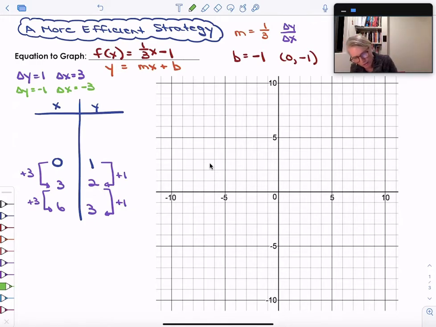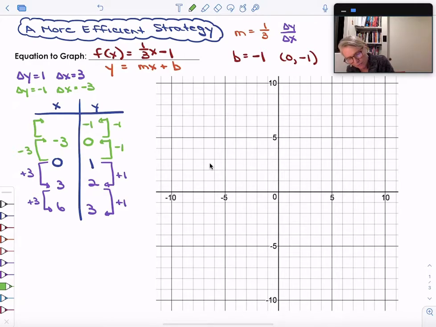Starting with my anchor point again, my change in y is I want to subtract 1. That will take me back to 0. So I have to subtract 3 to get me back to -3. Subtract 1, subtract 3. Once you get into this pattern, you can generate your table of values really quickly.